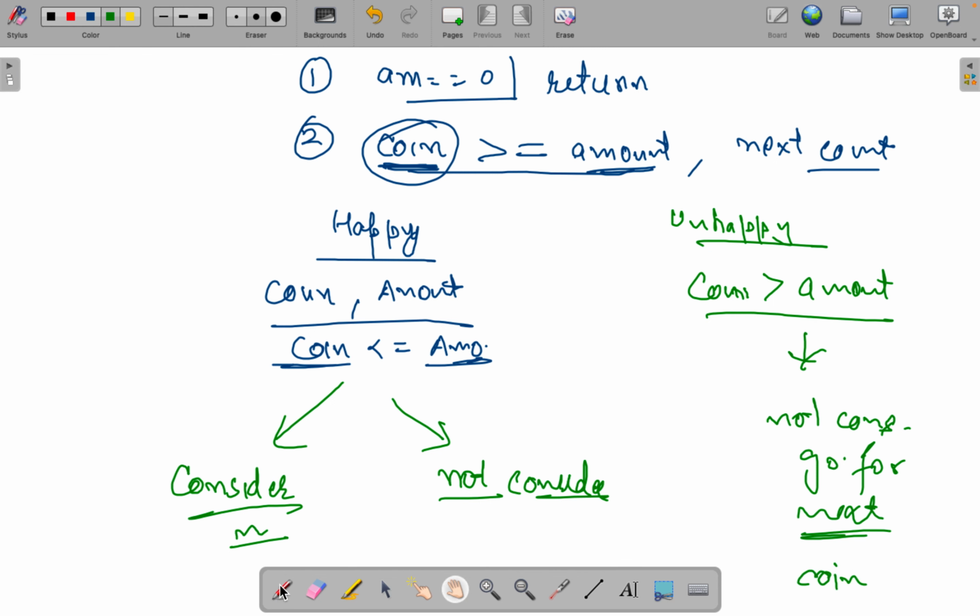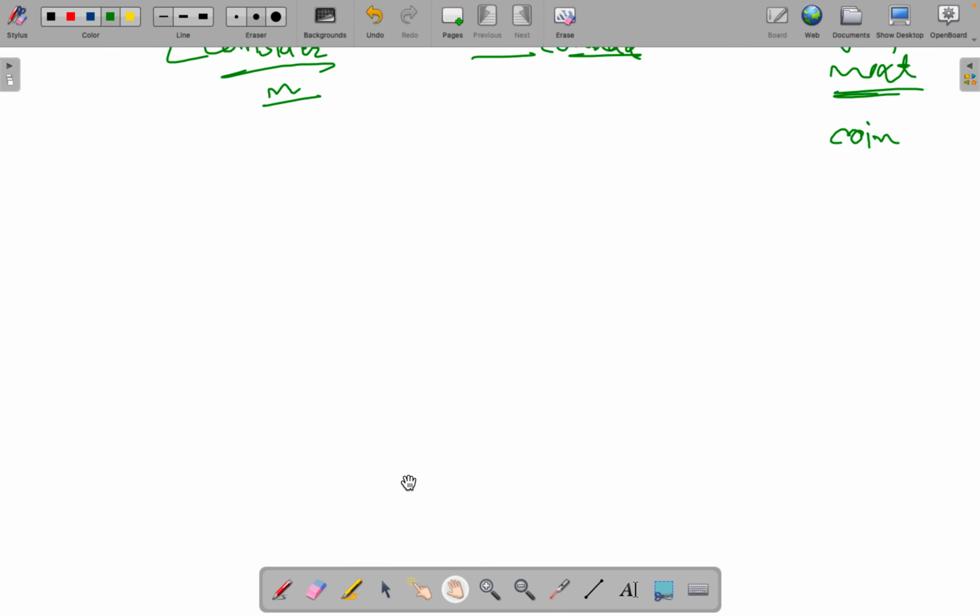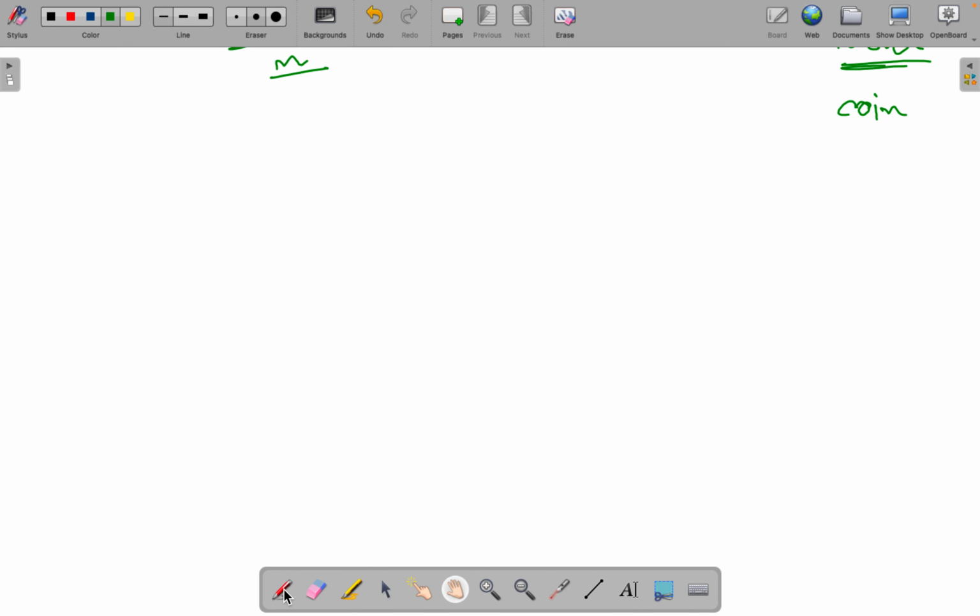So if we try this recursion, it works totally fine, but here we get the TLE error, because at each point of time we have to explore all those things. So we get TLE error due to high time complexity.